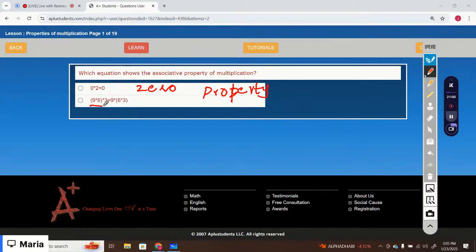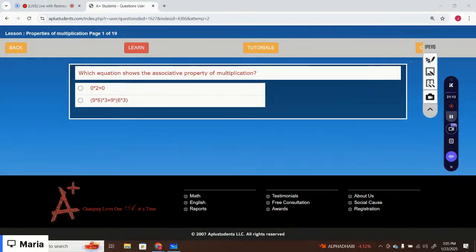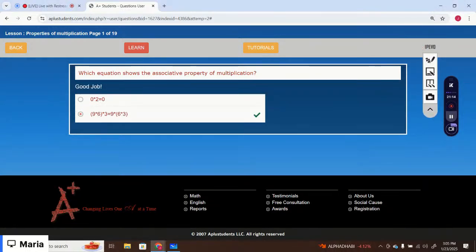Associative property is the one in which both sides you have three numbers involved. They are the same numbers. Just the group you made is different. Here you have 9 times 6, here you have 6 times 3. So option number 2 is the correct option. That is the associative property.